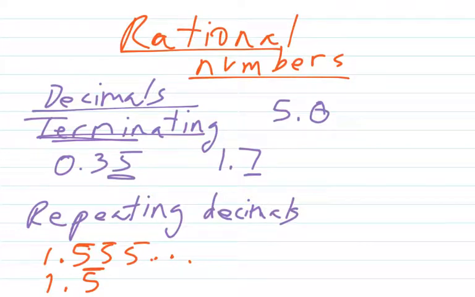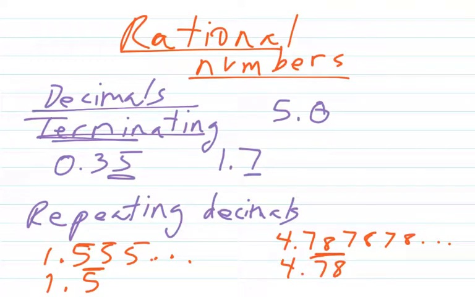Such an example, we could have 4.787878 with dots. Now, if you see those 7 and 8 repeat, that means it keeps going on and on. Or this number could also be written like this. Okay? So anytime you have a repeating pattern that's exactly the same every time, that is a repeating decimal, and repeating decimals are also rational numbers, okay?